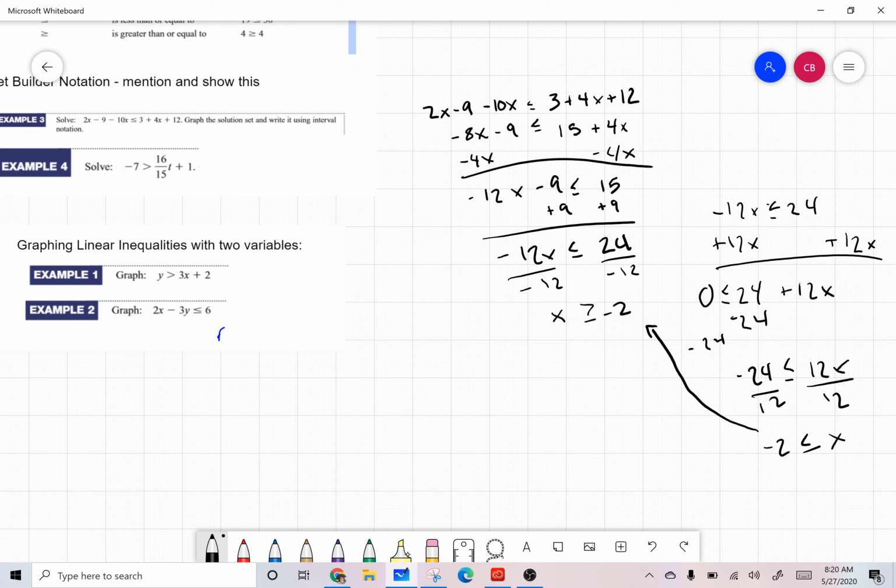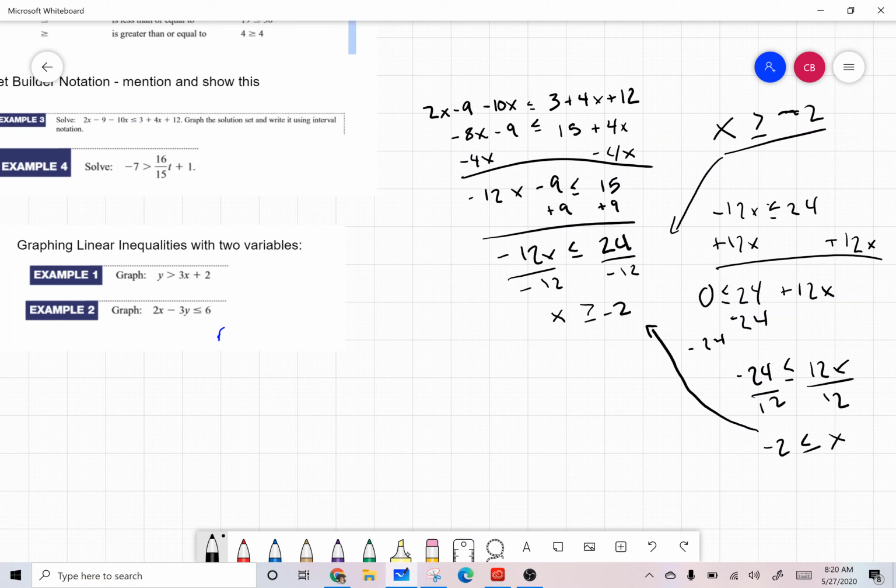When you do switch sides, you want to make sure that the little arrow looking thing for the inequality symbol is pointing at the same number. So for instance, if I wrote x, this is not the equivalent of that.